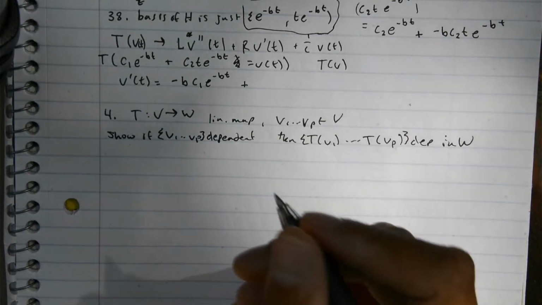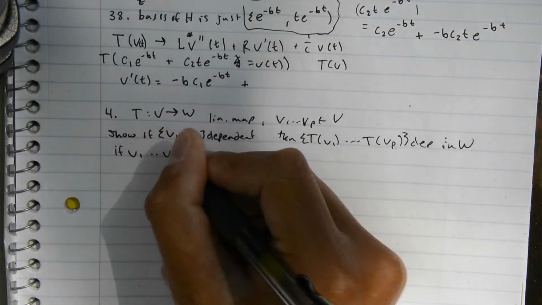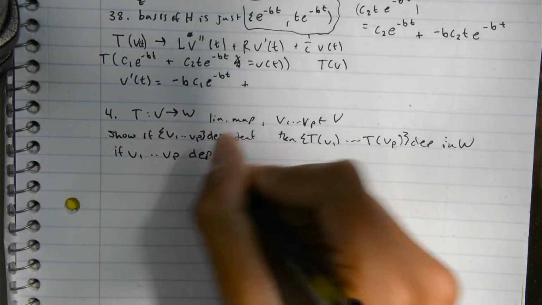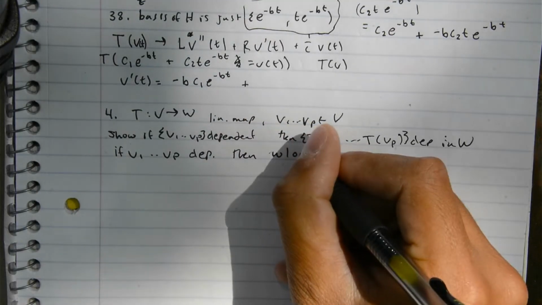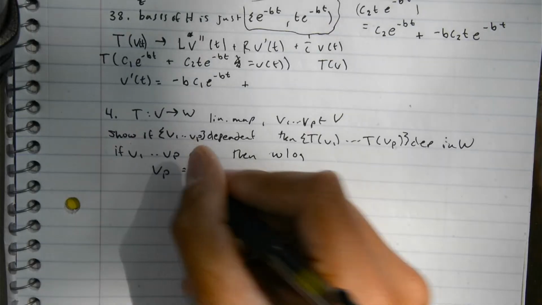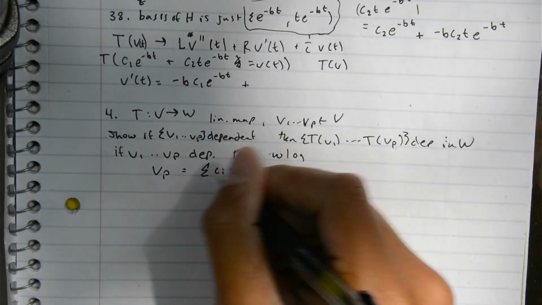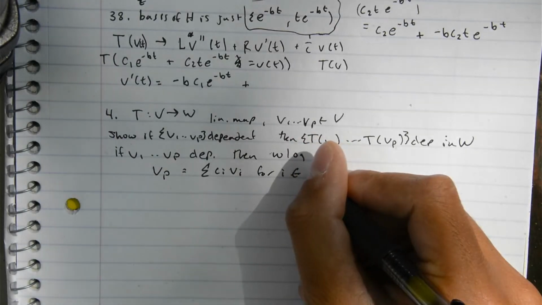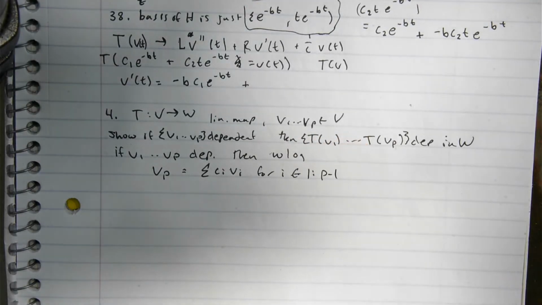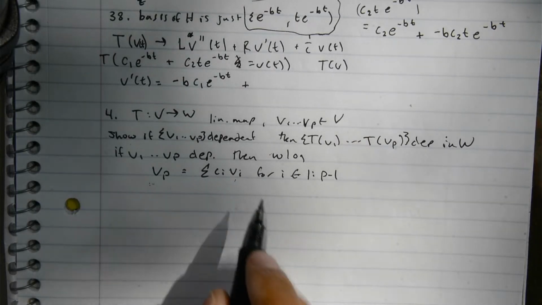All right. So, if V1 to VP dependent, then I think we can say without loss of generality, VP is equal to the sum of CI VI for I in 1 to P minus 1. Okay, so we're writing this as a linear combination of the preceding vectors.